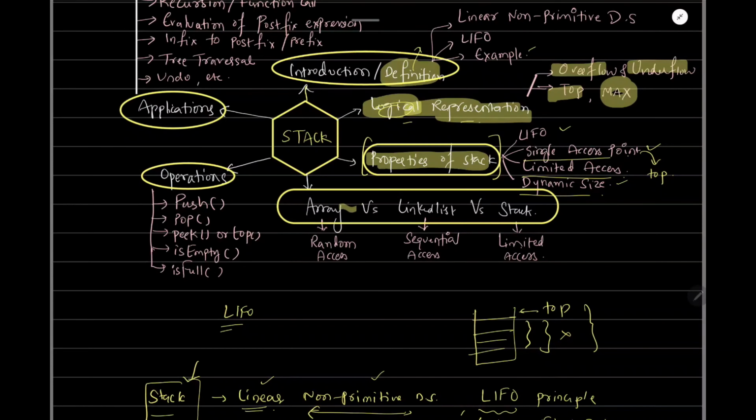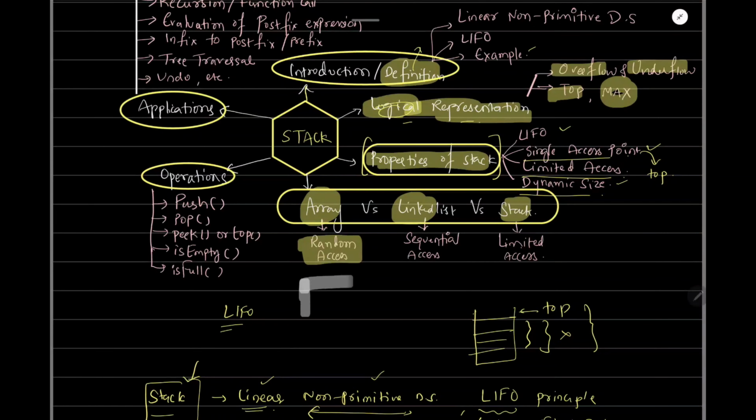And next, if we simply differentiate between the array, linked list and stack: array can have random access. How can it have random access? Because it has the index, so we can access any element by using just that index number.